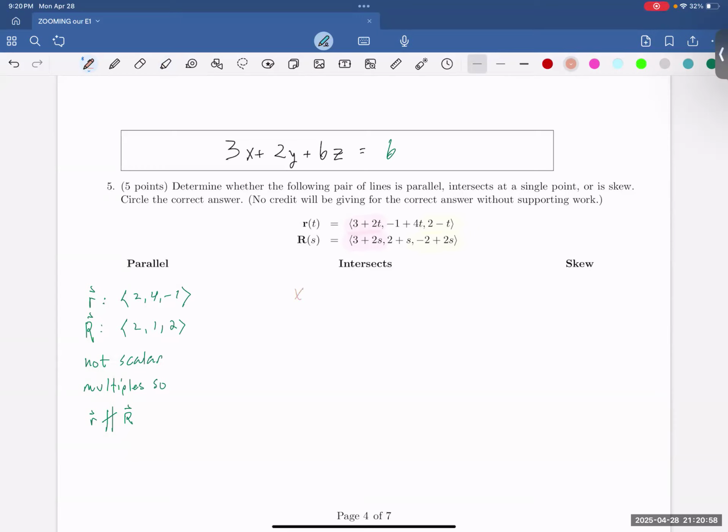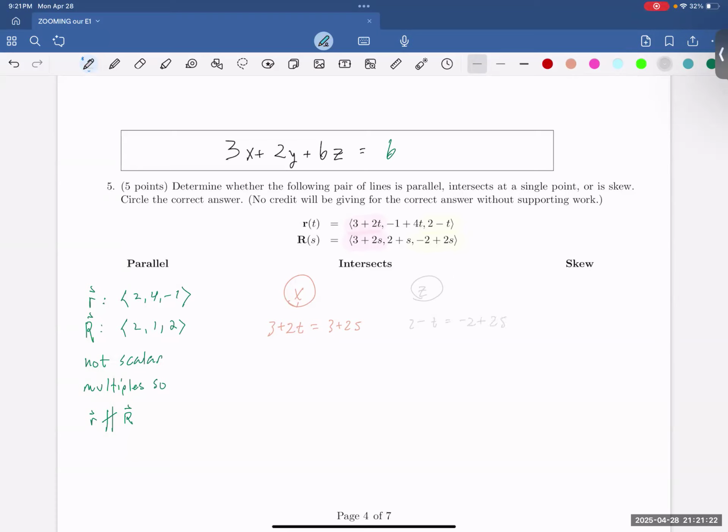So for the X's, we have 3 plus 2T equals 3 plus 2S. And for the Z component, 2 minus T equals -2 plus 2S.